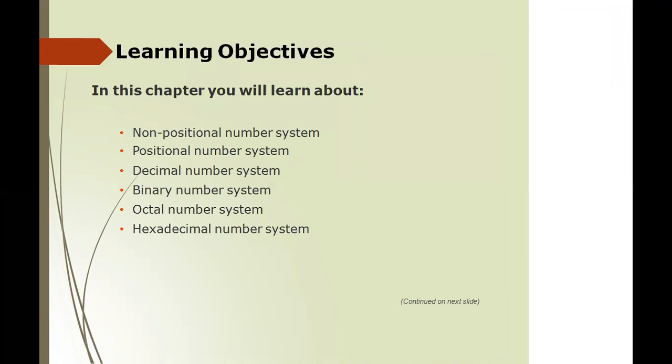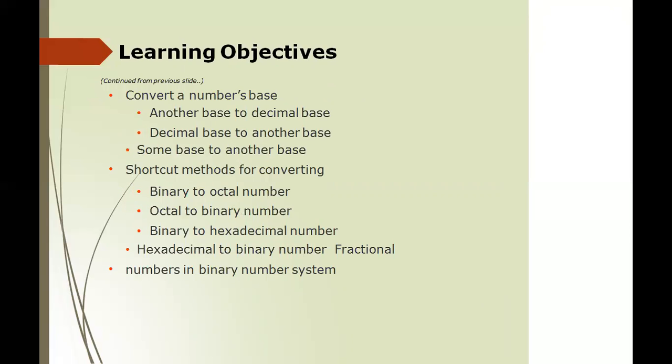After this class, at the end of this lesson, we'll be able to explain all of these terms and topics: non-positional number system, positional number system, decimal number system, binary number system, octal number system, and hexadecimal number system. These are the learning outcomes of this chapter and of today's lesson.